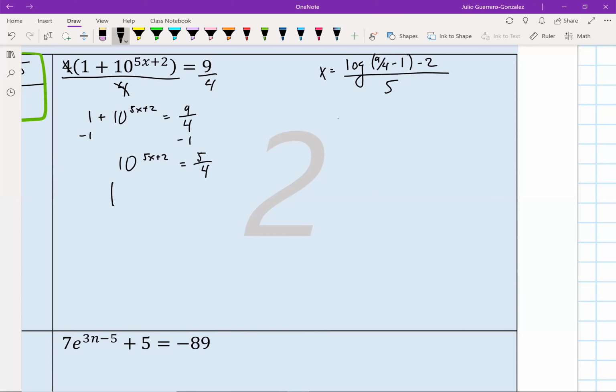This is going to be log base 10 of 5 over 4 is equal to 5x plus 2, minus 2, minus 2.